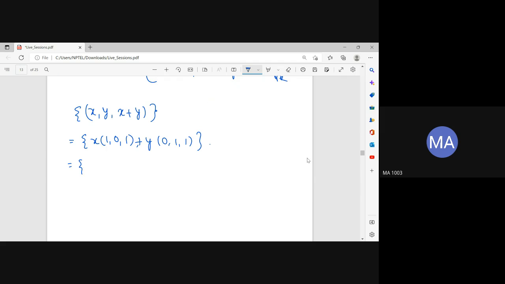But I can also write this as x by 2 times (2, 0, 2), plus y minus x by 2 times (0, 2, 2)... you see how I'm trying to manipulate? Yes, I understood. You can write it in a different way where this set will not be linearly independent. Yes, ma'am. You'll get a third element as well. Yes, ma'am.